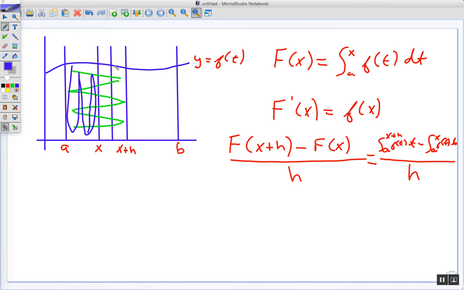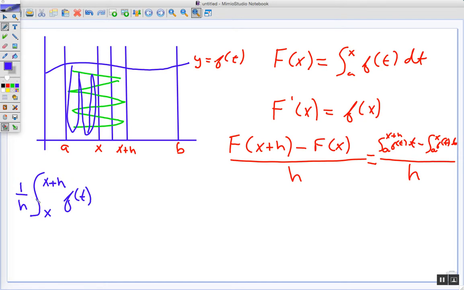What we are left with is the area under the curve from x to x plus h. So we can write that as the integral from x to x plus h of f of t, and again, still divided by h, so times 1 over h.